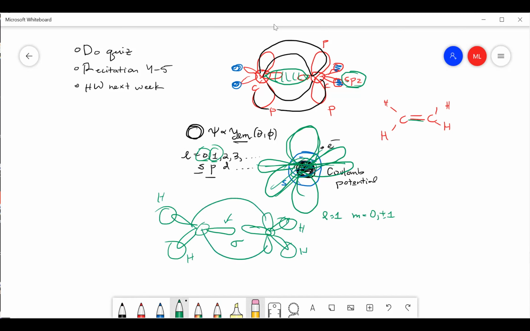So you can understand a lot about chemical bonding by just looking at the solution to the hydrogen, and again it goes back to spherical symmetry.